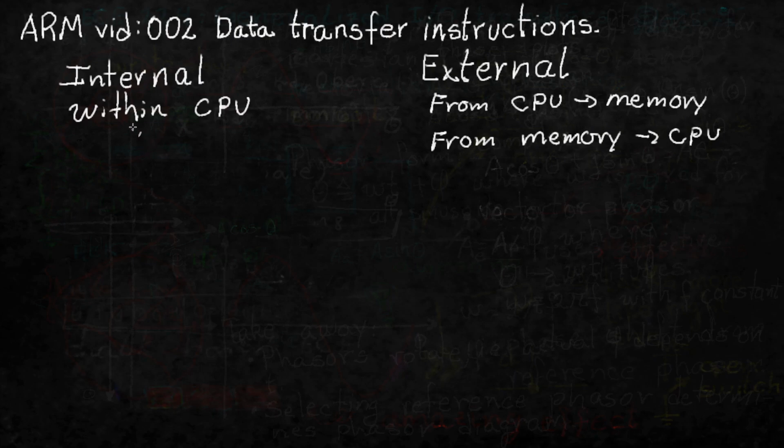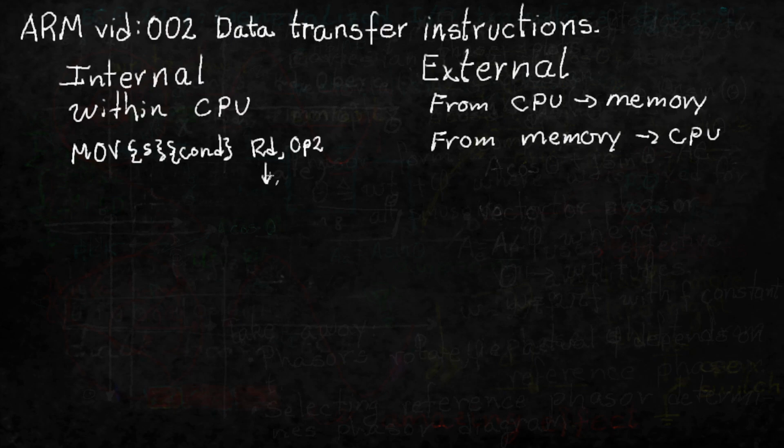Now, in the internal group for ARM, the most common instruction we will use is MOV. So let's see MOV, and I'm going to use the format MOV{S}{conditional} RD, operand 2. In this case, it's simple to understand that this is an internal data transfer because operand 2 is going to be a register.